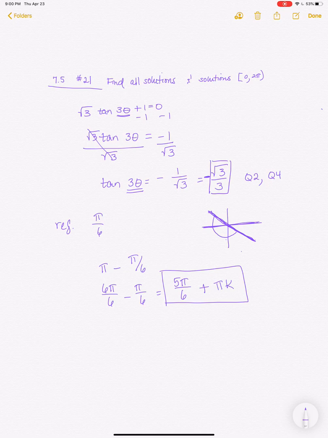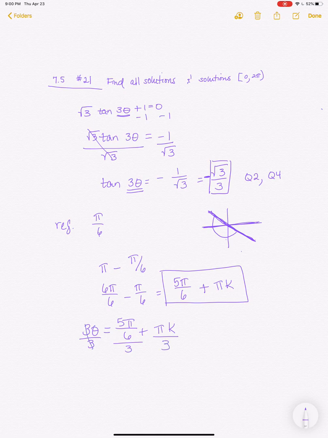So at this point in my problem, I've got 3 theta equals 5 pi over 6 plus pi k. But we need to take it one more step, because I'm not solving for 3 theta, I'm solving for theta. So this last step is to divide everything by 3.